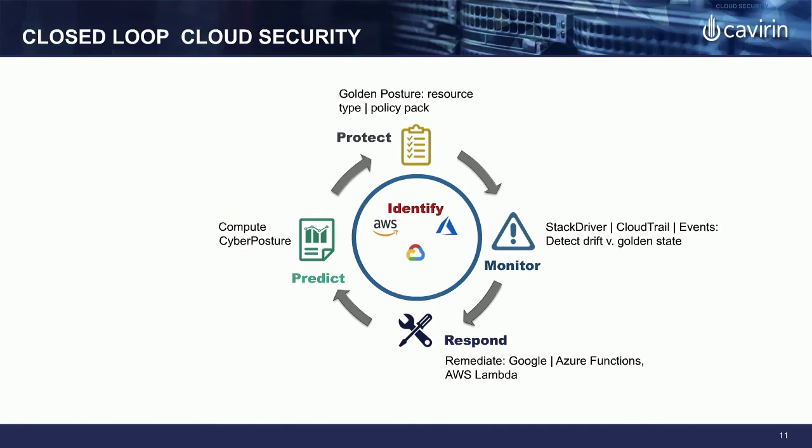The idea is to get those events and assess if your resources are different compared to the golden state. The remediation or response plan involves automating the remediation using serverless functions. In the case of AWS, it's AWS Lambda. In the future, if you're remediating assets in Google, you'd probably be using Google Cloud Functions. And last but not least, predicting the impact on the score of the changes you make.